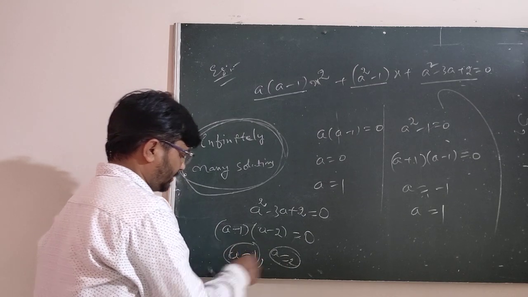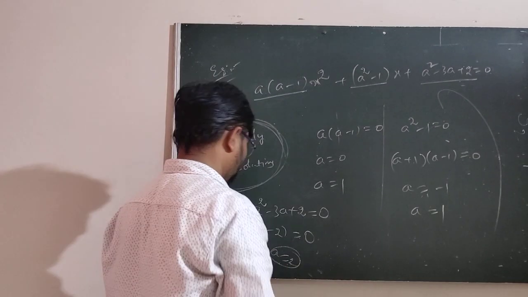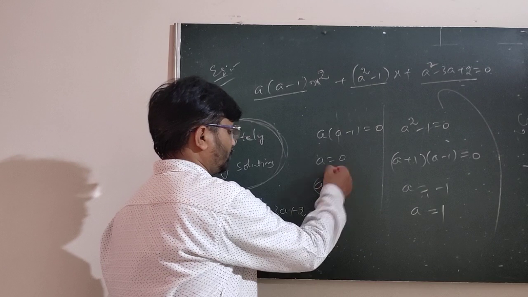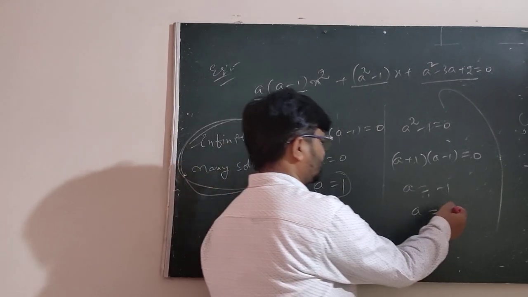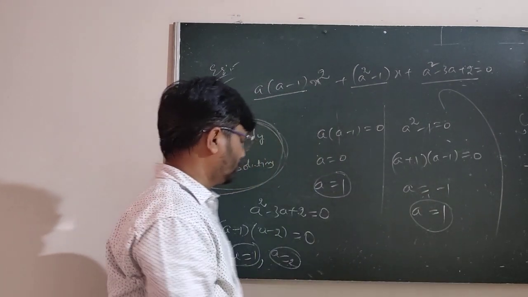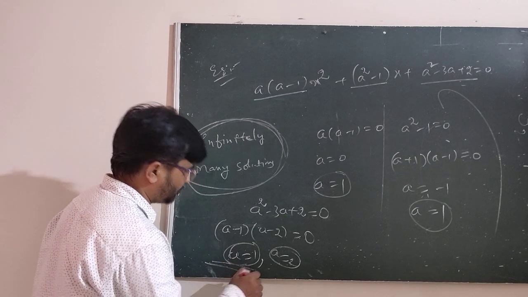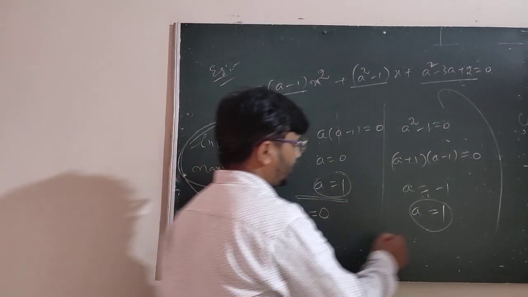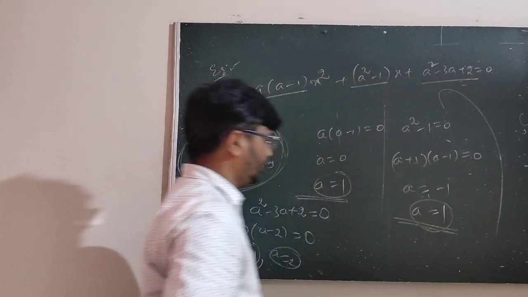Now we observe here a equal to 1 in this case. In this case also a equal to 1 and a equal to 0. In this case a equal to minus 1 and a equal to 1. What we observe here, from the three equations, the common value of a is 1.